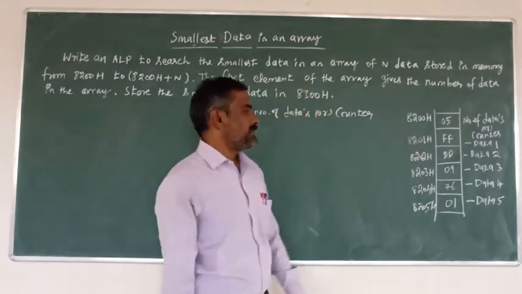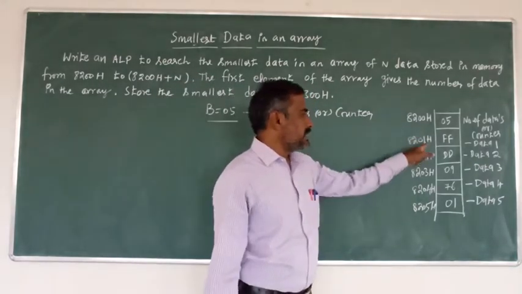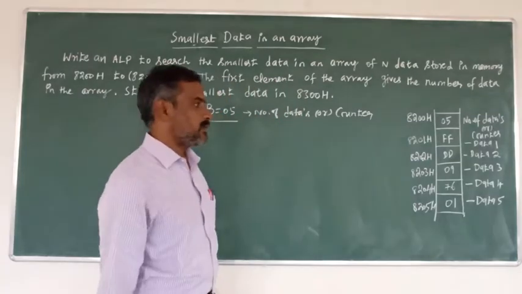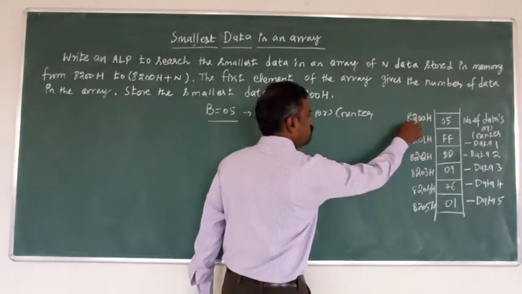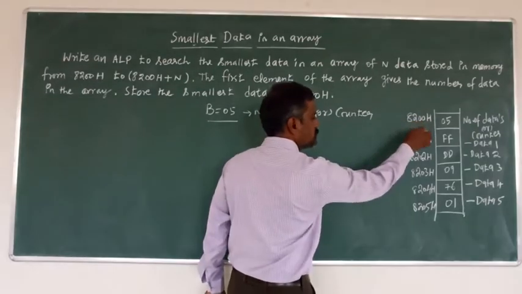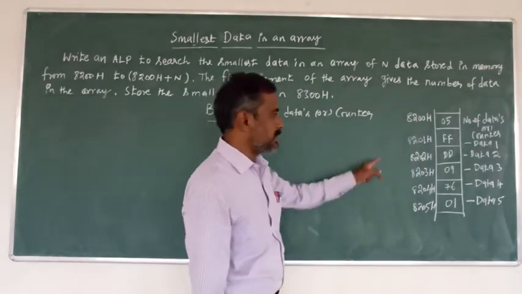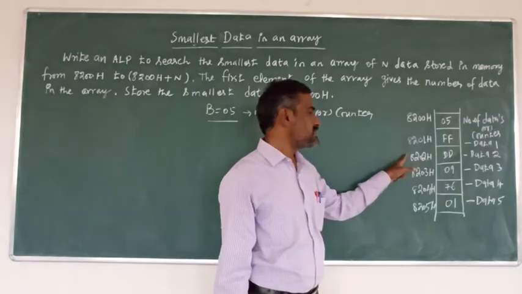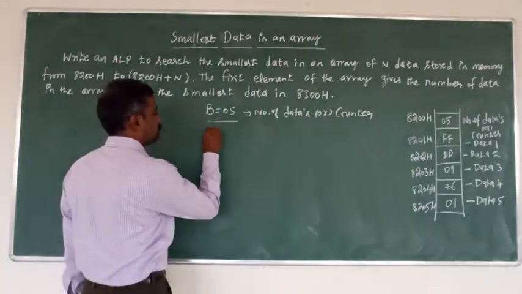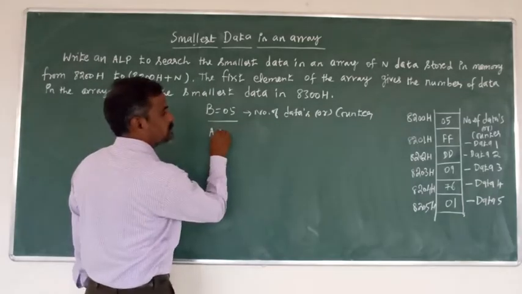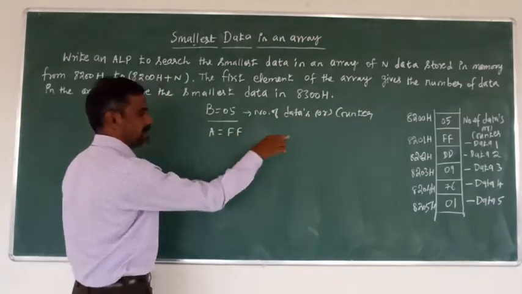Next, address location of data 1. This is for memory address location 8200 to 8201. For that, increment the memory address, and the first data to move to accumulator. Now A register gets F of data 1.